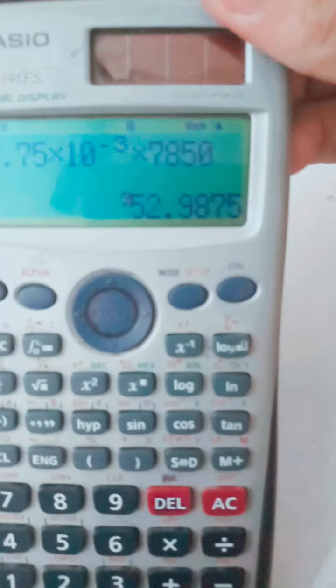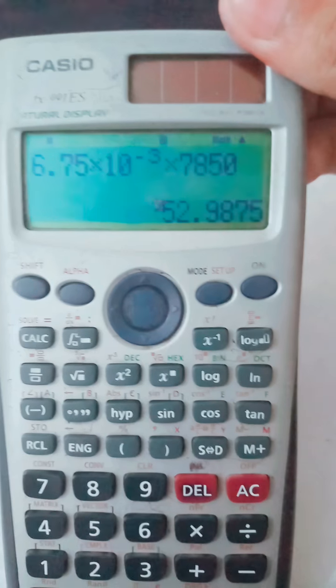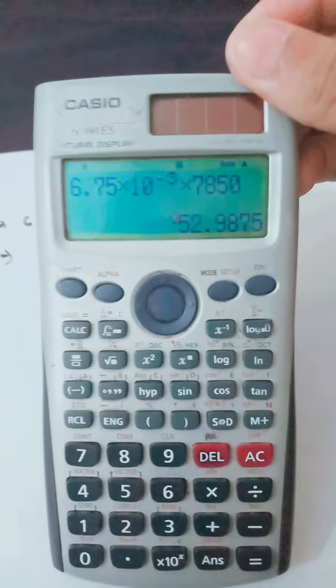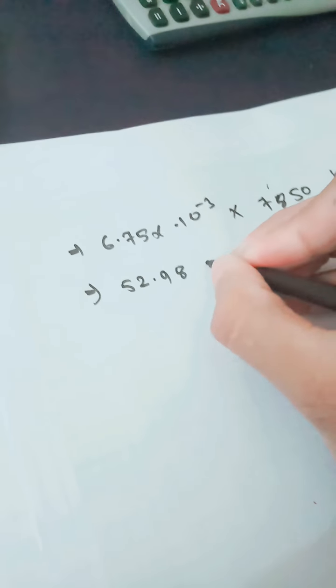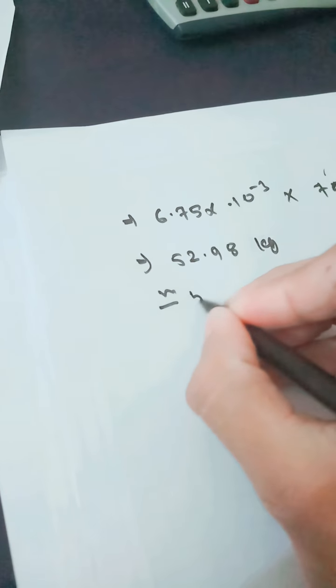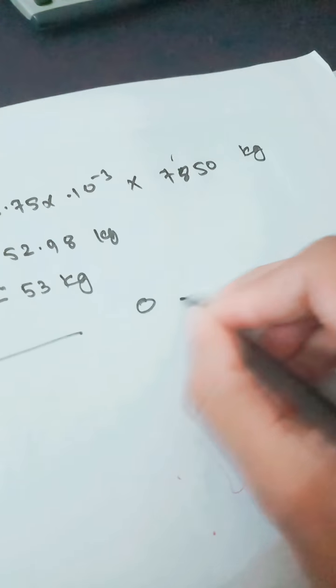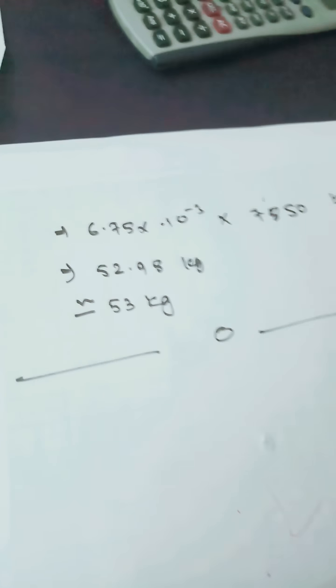In one column, 52.98 kg is required, approximately 53 kg. So this is the method, the process by which we can calculate the weight of the steel per column.